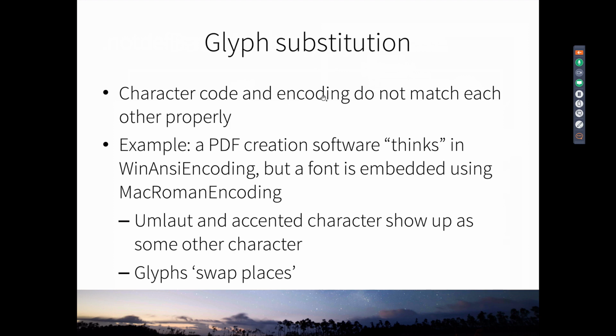And then glyph substitution, yet another ugly thing. Instead of a notdef showing up, a wrong glyph shows up. For instance, a PDF file creation software thinks it is using Wien-ANSI, while accidentally it defines it would use MacRoman, and then the glyphs are swapped.